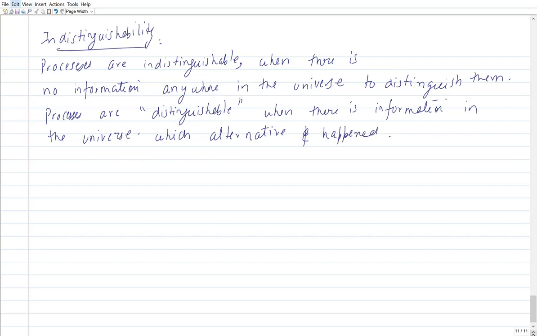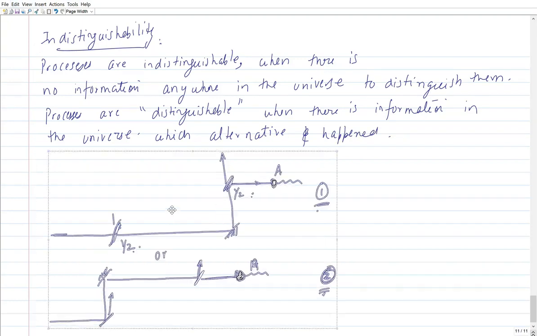So in the case of our photon experiment, which path towards this event registering at A, which alternative did the photon take? Either it took the lower path or it took the upper path.